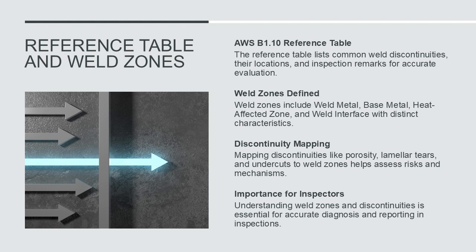For example, porosity usually occurs in WM, lamellar tears in BM near HAZ, and undercut at WI/BM. Understanding these zones is critical for accurate diagnosis and reporting. Inspectors should familiarize themselves with these definitions before proceeding to specific discontinuity types.